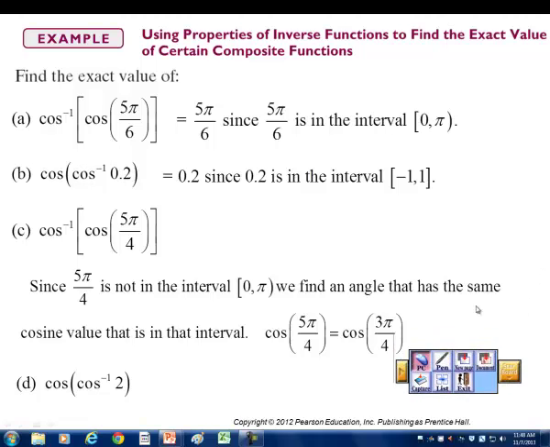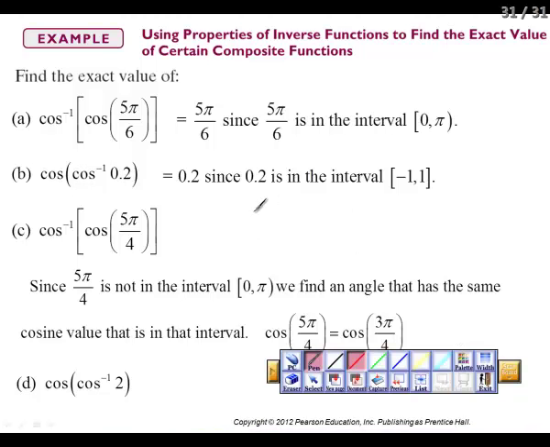So in that case, what we have to do is look at, if this is 4 pi over 4, here's 5 pi over 4. So we want to see this angle here, which is always in reference to the x-axis.